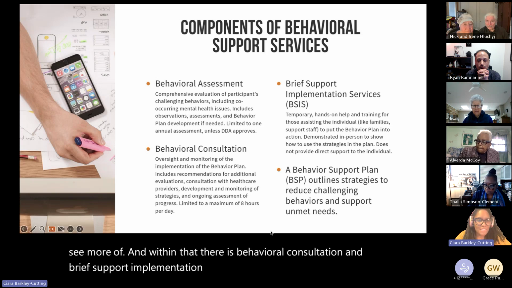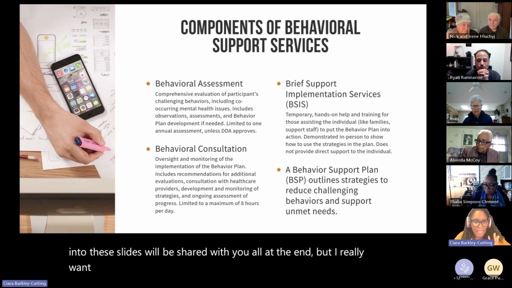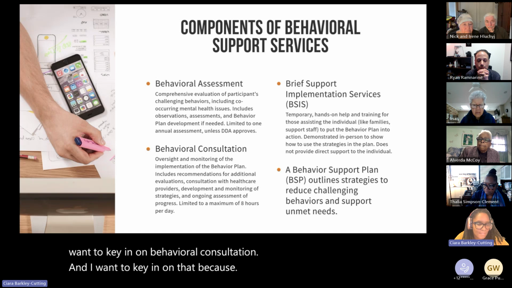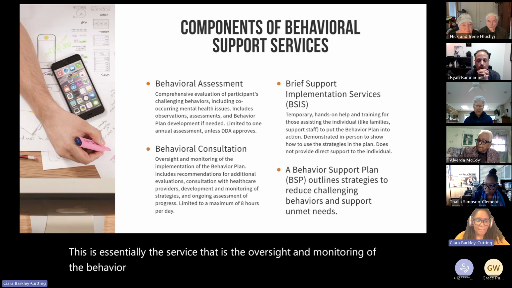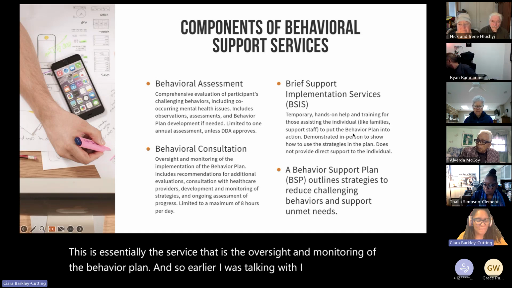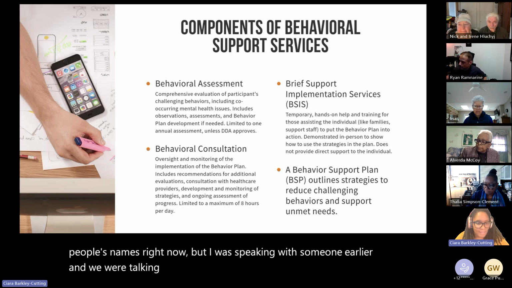I won't go too deep into these. These slides will be shared with you all at the end. But I really want to key in on behavioral consultation, because this is essentially the service that is the oversight and monitoring of the behavior plan. Earlier I was speaking with someone, and we were talking about the direct training and things like that.